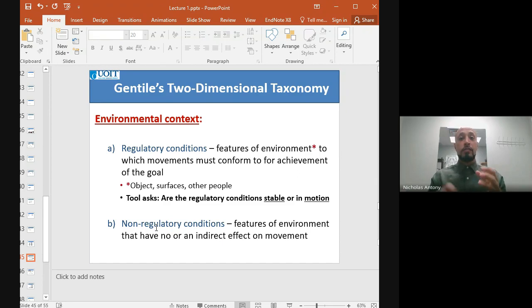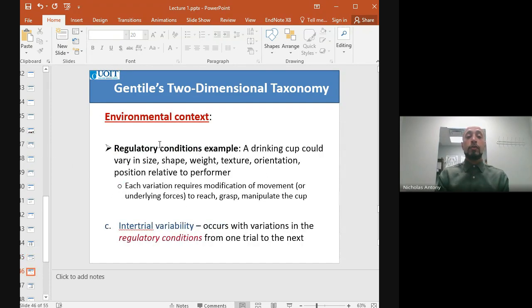Now all of a sudden the environment objects have changed. So I'm going to maybe change my movement or the skill actions, because the ball is bigger, so that would be a change in a regulatory condition. But the environmental context is to basically evaluate whether or not the regulatory conditions in the environment are moving or not.